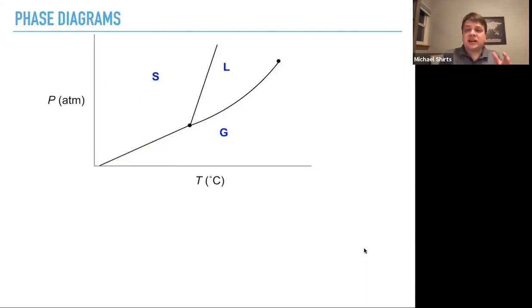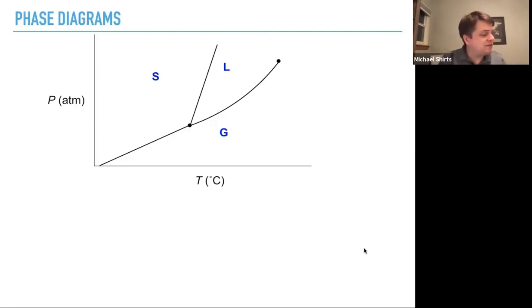If you have some substance and you look at its behavior as a function of pressure and temperature, that's enough to identify what phases it will be in. And again, the common phases are the solid phase, which is the high pressure, low temperature phase, the gas phase, which is the high temperature, low pressure phase, and the liquid phase, which frequently exists in between them.